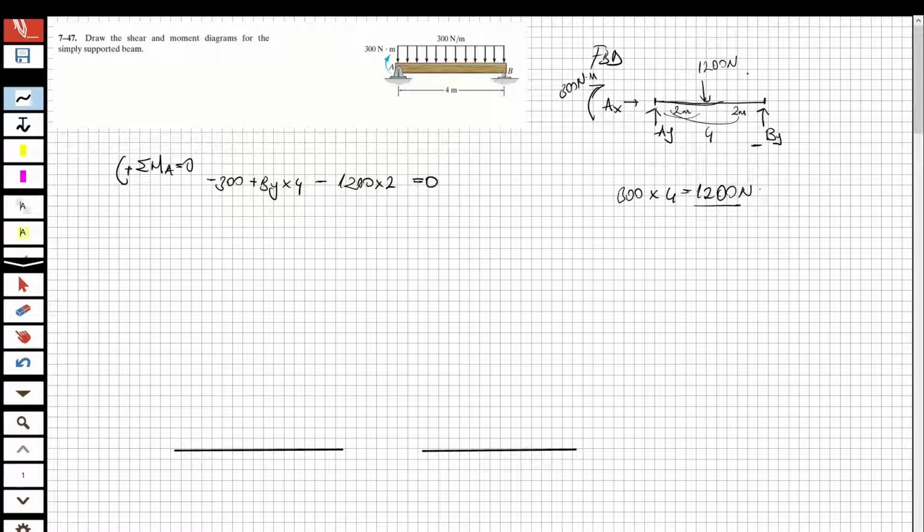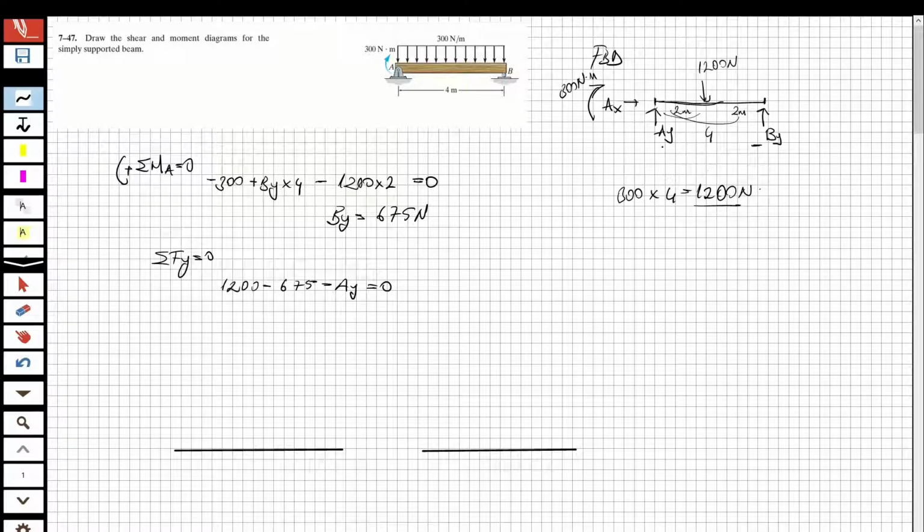Because look at here, we don't have any other forces. So from that equation, I obtain By equal to 675 Newton as the shear force here. Let's calculate A also. I'm going to write the total Fy equation equal to 0: 1200 minus 675 minus AY equal to 0.